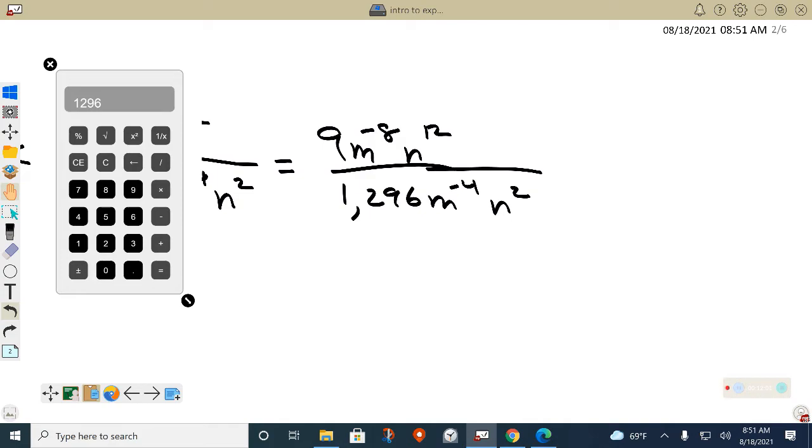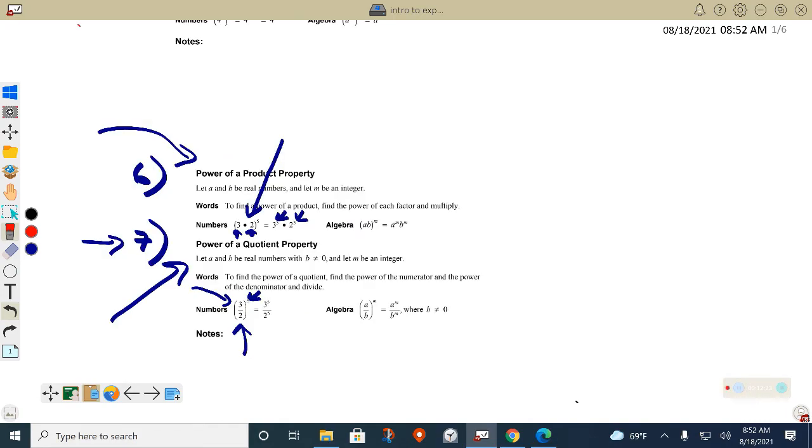Well, n and n, they have the same base. Perfectly said. If we're dividing, we can subtract their power. So look what Diaz is saying. M and m, I'm dividing, there's a division bar with the same base. Rule number 4, I want to say.